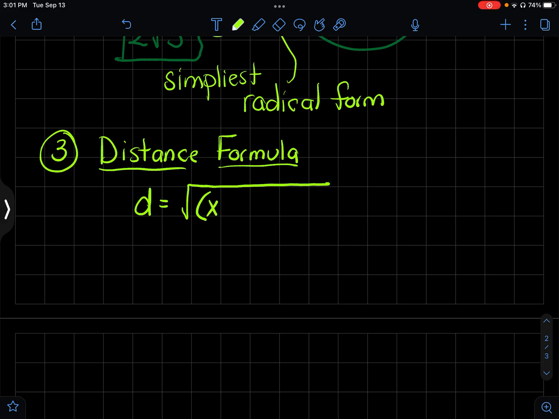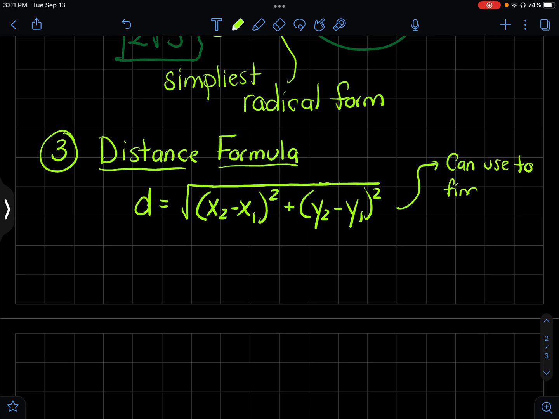The distance formula is the square root of x2 minus x1 squared plus y2 minus y1 squared. Okay, and this is the formula that you can use to find length for any segment.